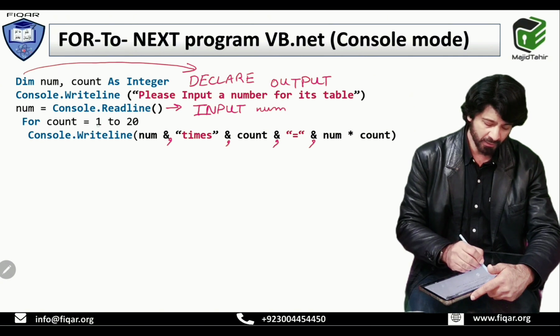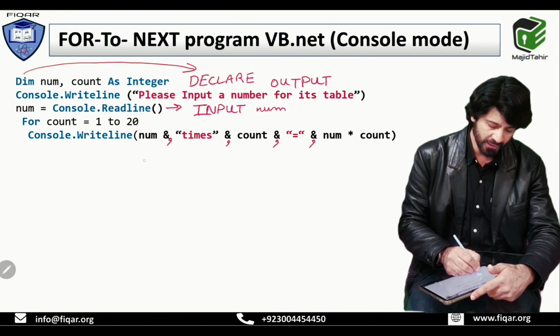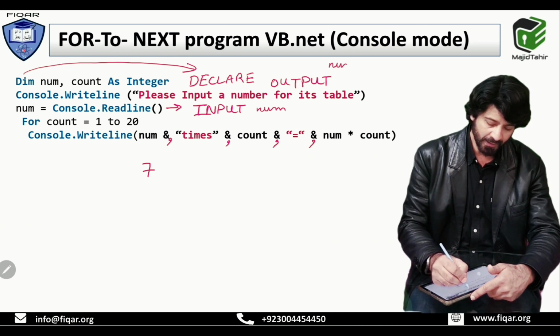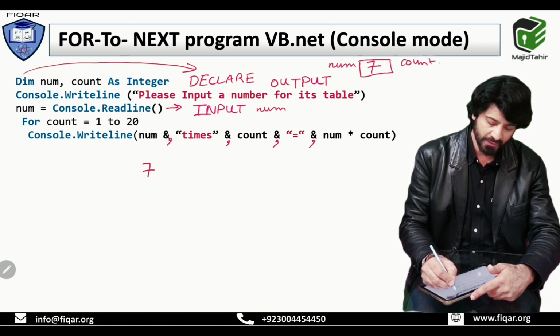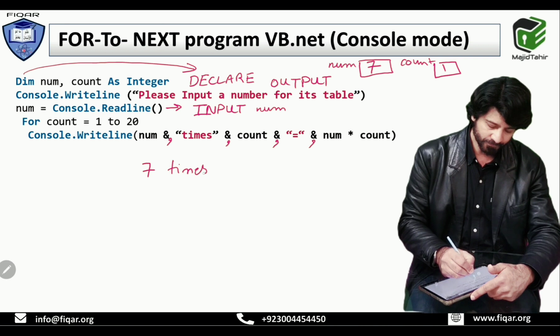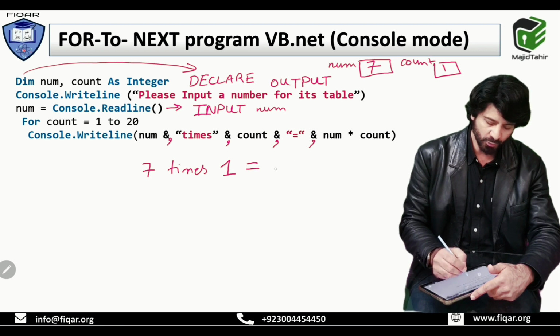Count is going to be 1 initially. So if the user inputs 7, num has the value 7 in it, and count initially has 1 in it. So it's going to display 7 times 1 equals, with the text displayed as it is, because in the speech marks, num times count, 7 times 1, is 7.